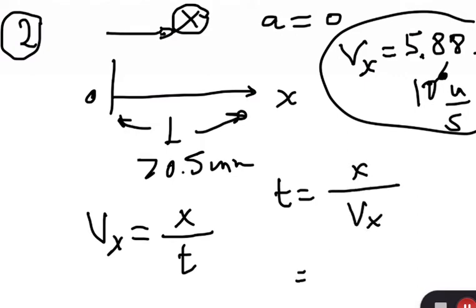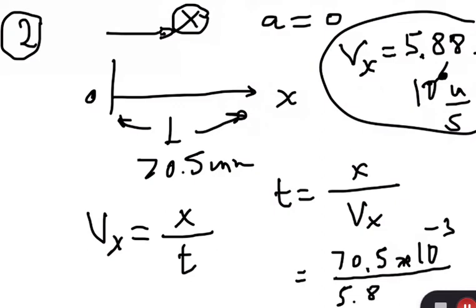And since x is 70.5 millimeters, we have to convert this into meters. You just multiply by 10^-3. Then we divide by the speed, which is 5.88 × 10^6 meters per second.